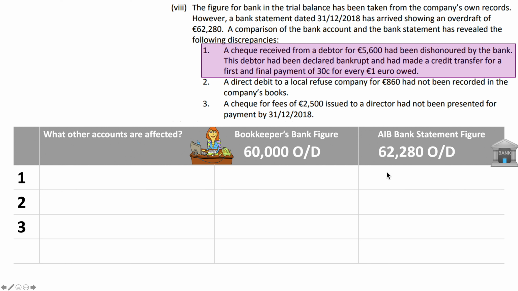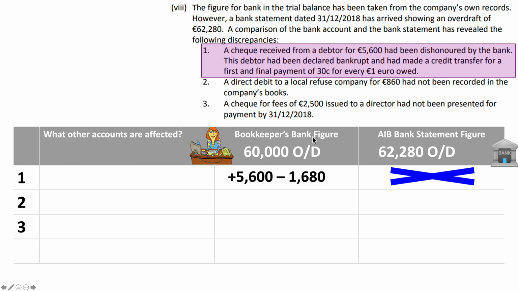It was dishonoured by the bank, so the bank knows about it, the bank doesn't need to do anything. Now, if the cheque received from the debtor has been dishonoured, that is going to be adding to the overdraft. So if it was dishonoured, the money didn't come out, we didn't get the money, we couldn't cash the cheque, so it's going to increase our overdraft there because the bookkeeper had recorded that we received 5,600, which reduced the overdraft previously.